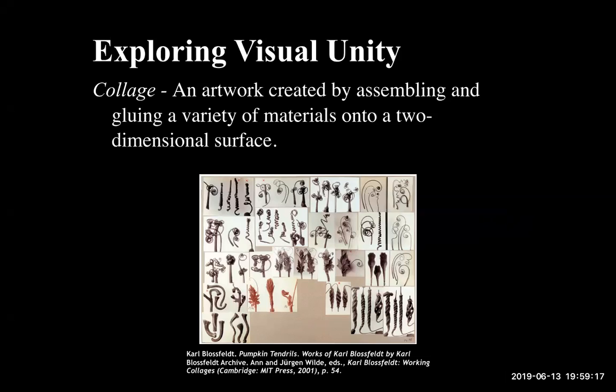But when we first glance at this, we do see unity, because all of those separate forms have spirals and curves and curls, and in some way relate to one another. So even though this is made up of individual artworks or compositions, the whole composition has unity.